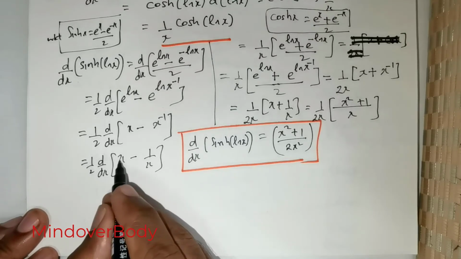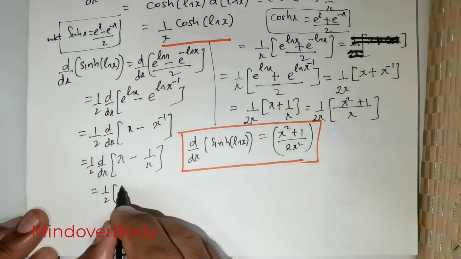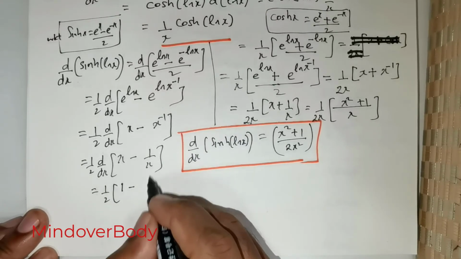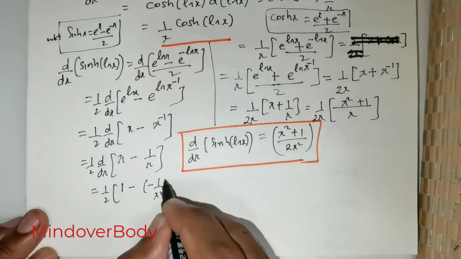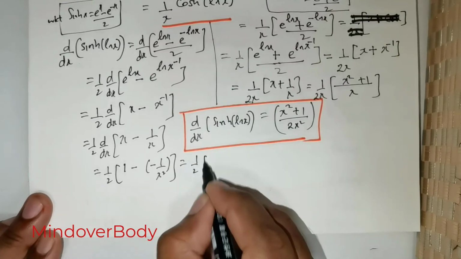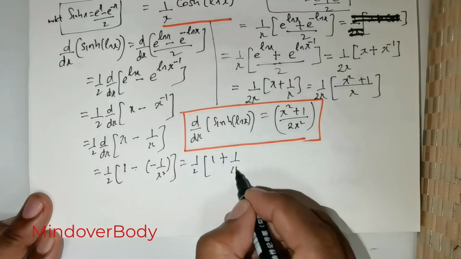Now if I were to differentiate this, the differential of x would give me 1, followed by the differentiation of 1 over x, which is going to be negative 1 over x squared, right? So I can rewrite this as 1 over 2 times (1 minus negative, so plus, 1 over x squared).